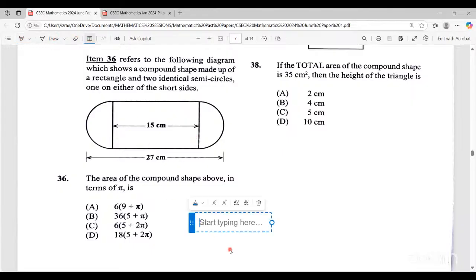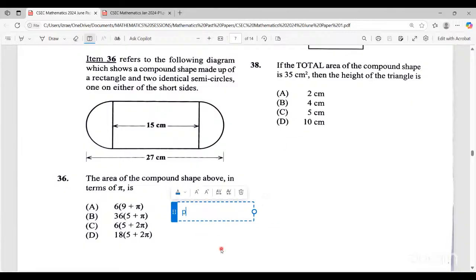So area of a circle will be pi r squared, and what will r come to? If here is 15 from 27, that will give you 7, which is kind of weird. 7 divided by 2 will be 3.5.